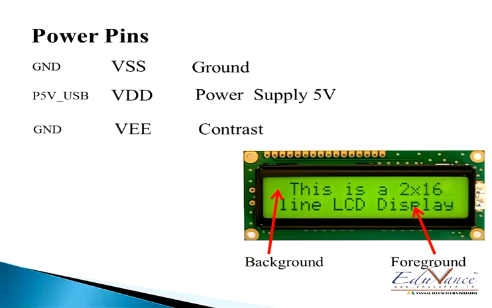Thus we have these pins. As you can see on the left side, what you see is the pins of the Embed: ground connected to VSS of the LCD, pin 5V underscore USB of the Embed connected to the VDD of the character LCD, and ground connected to the VEE.